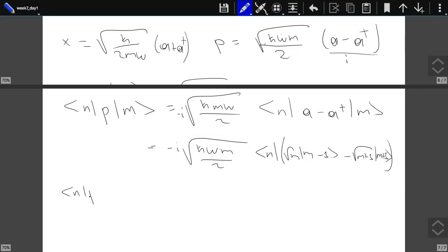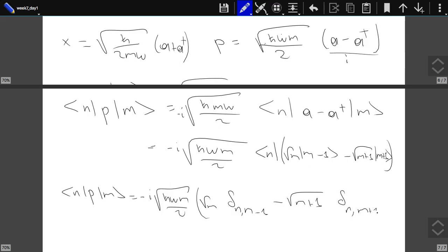So this will be ⟨n|p|m⟩ = −i√(ħωm/2) [√m δ_{n,m−1} − √(m+1) δ_{n,m+1}].